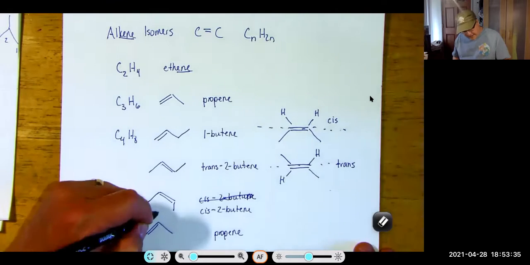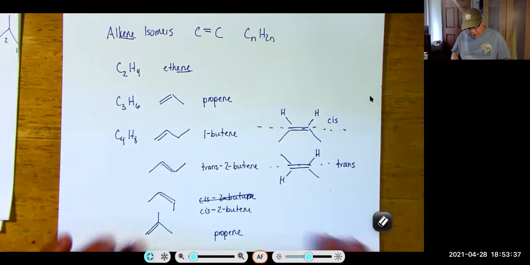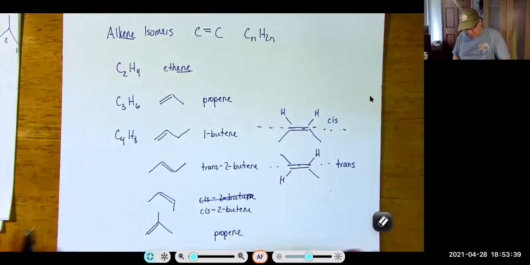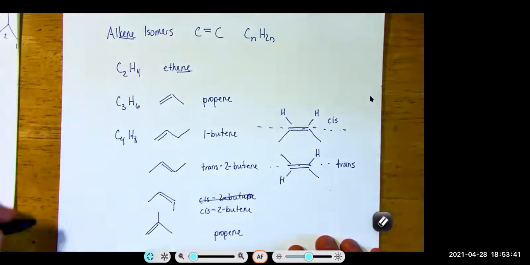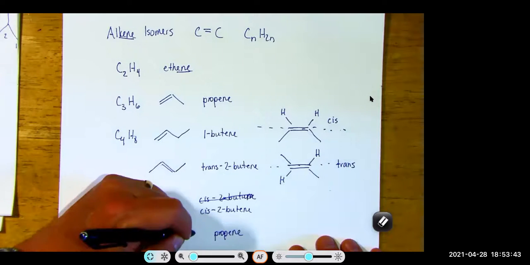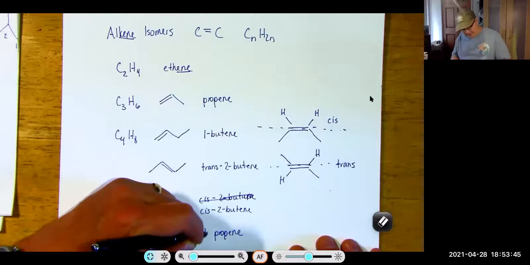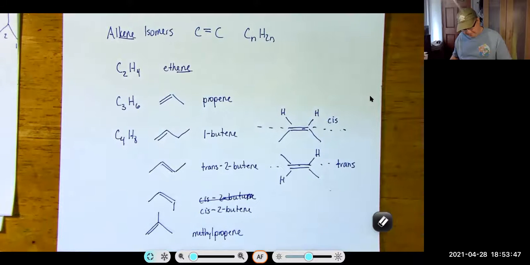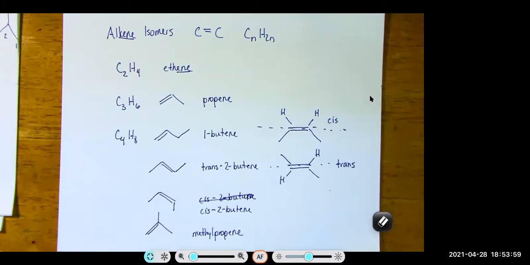If we add it there, do we have that drawn anywhere before for the 4s? No. So this is called methylpropene. And this one you can't have a cis or trans because you don't have one hydrogen on this carbon and exactly one hydrogen on that one. Right. So these are all the fours.